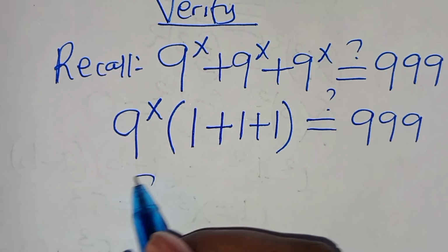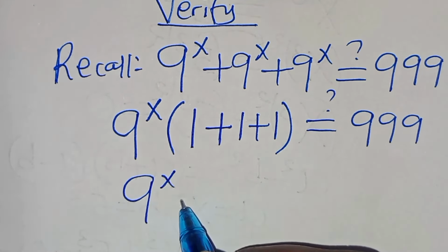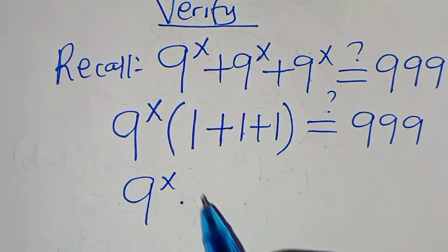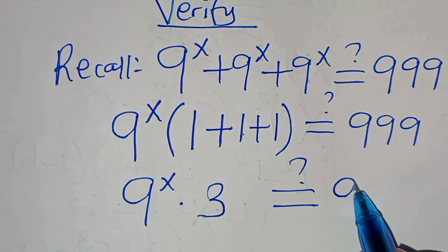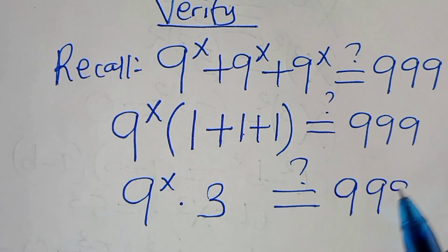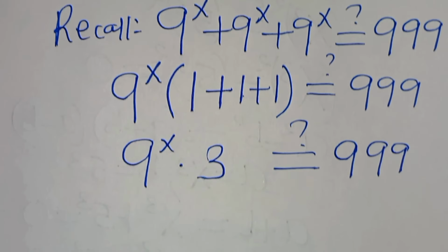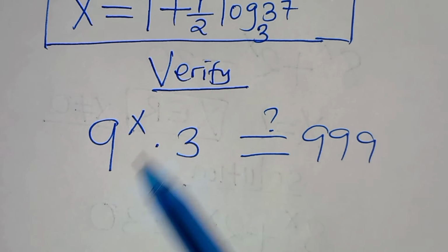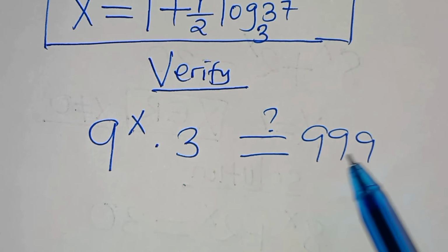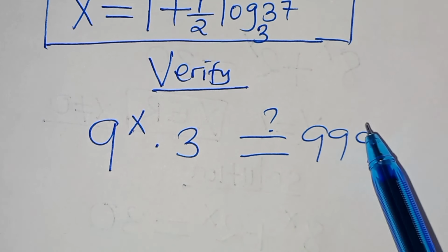Now we have 9 to the power of x multiplied by 1 plus 1 plus 1, this is 3. This is supposed to give us a value of 999. So let's substitute the value of x. Remember, we have 9 to the power of x times 3. This should give us a value of 999.